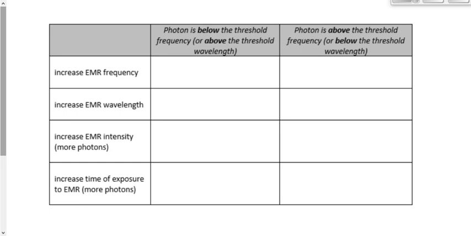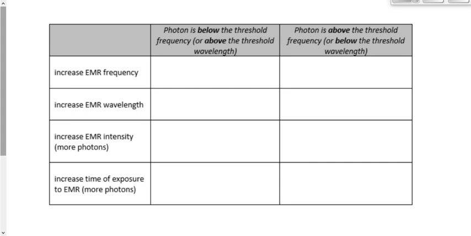So what do we have here in terms of a summary? Well, qualitatively, let's take a look at this table. If the photon that we're shining upon the metal is below the threshold frequency, or above the threshold wavelength, right? Because for threshold frequency, you've got to be above. For threshold wavelength, you've got to be below.